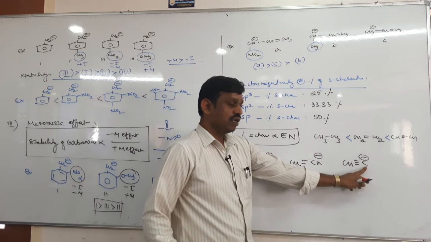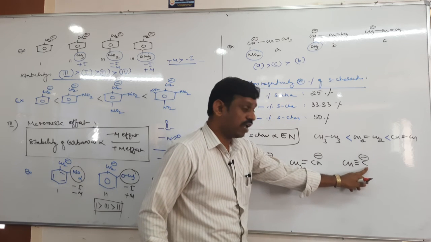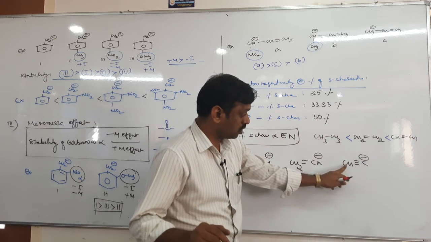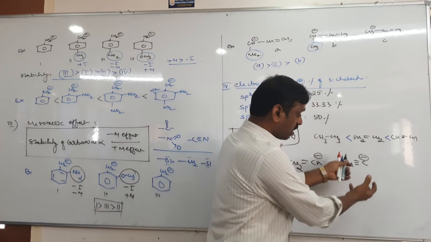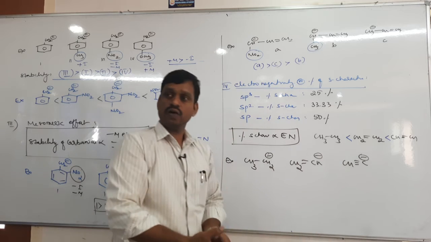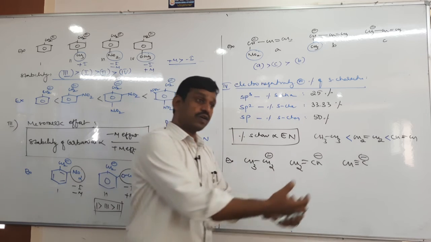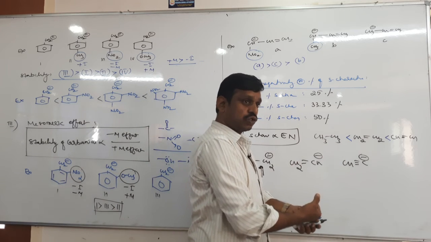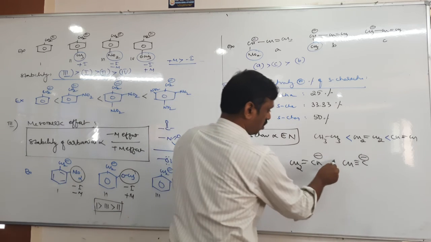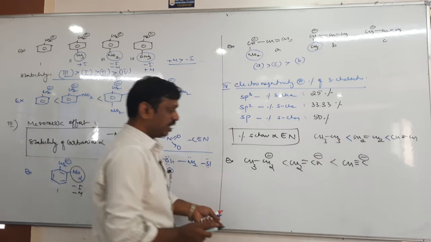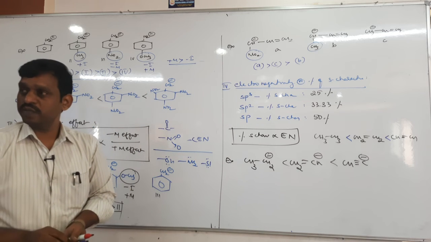Why? Because this carbon has more electronegativity. Due to more electronegativity, this carbon takes electrons. It has electron withdrawing nature. So due to electron withdrawing nature, it becomes more stable. Therefore, the order of stability is sp, sp2, sp3.